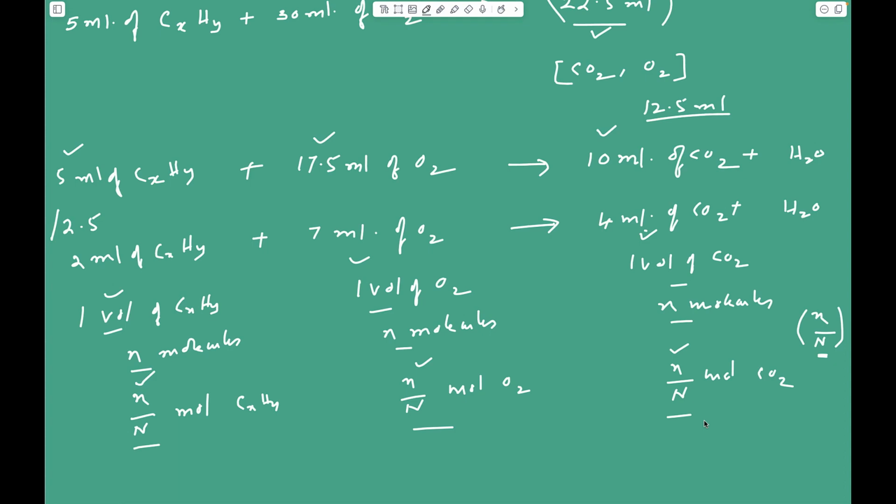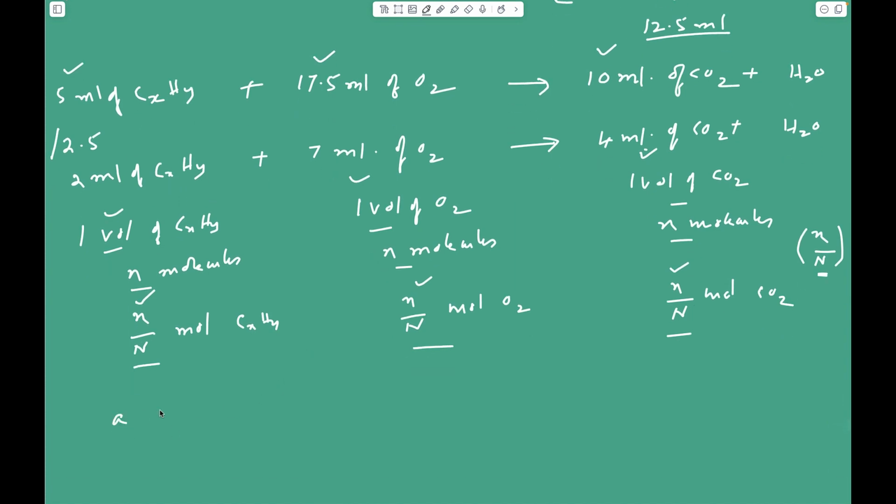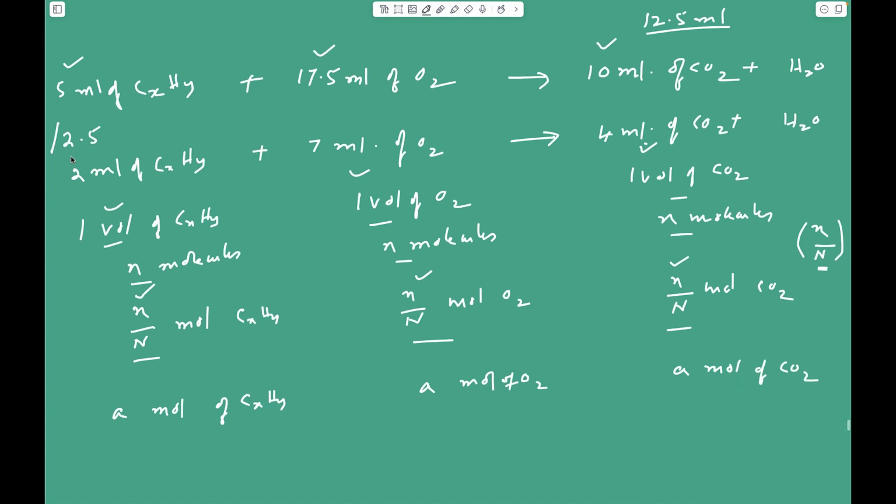Let us say 1 volume of this hydrocarbon contains a moles, small a moles. Then 1 volume of oxygen must also contain small a moles of oxygen, and 1 volume of carbon dioxide must also contain small a moles of CO2. Here we have 2 ml of the hydrocarbon.